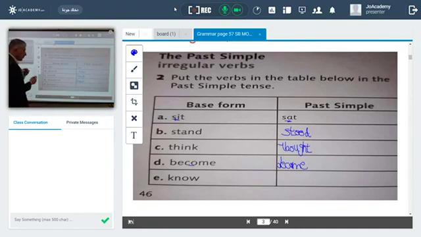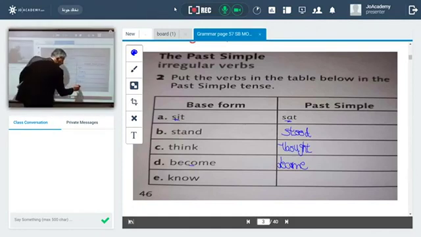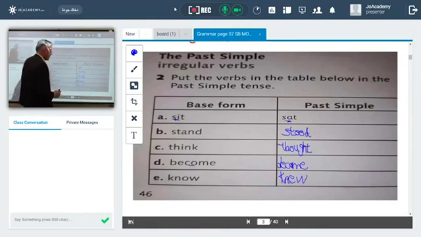We change the O into A, and the verb know. Okay, K is silent here. We don't say k-now, we say know. It becomes knew. Okay, we'll find it here with the letter K. So know becomes knew.